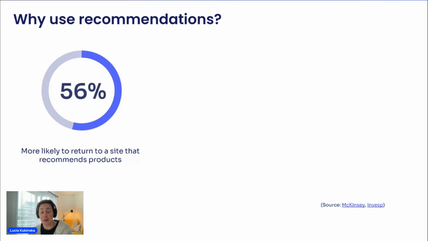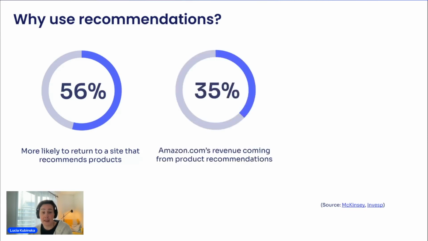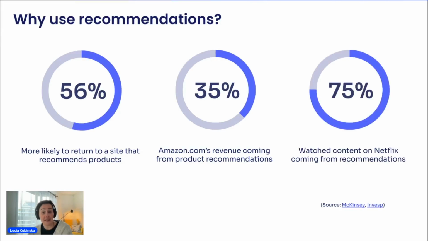It has big impact on business. They help build customer loyalty and improve the experience, leading to conversions. It's said that 35% of Amazon's revenue comes from product recommendations, and 75% of what people watch on Netflix stems from suggested content.